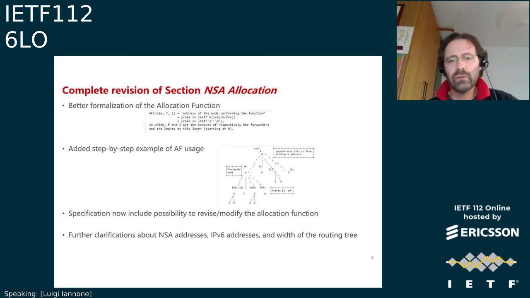And we also added further clarification about the NSA addresses themselves, how they interwork with IPv6, and what happens with the width of the routing tree depending on the topology that we have.